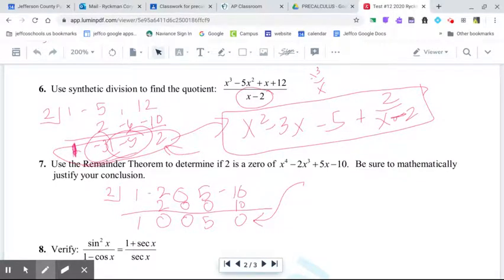Because the remainder equals 0, 2 is a 0 to the equation, right? That's what you should write: make reference to what the remainder theorem is, which is to say the remainder tells you if it went in evenly or not.